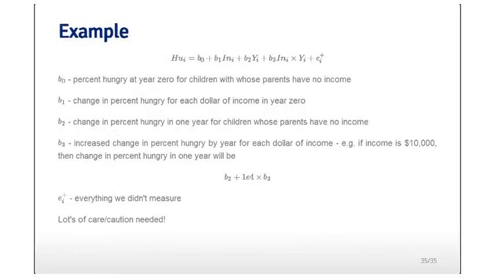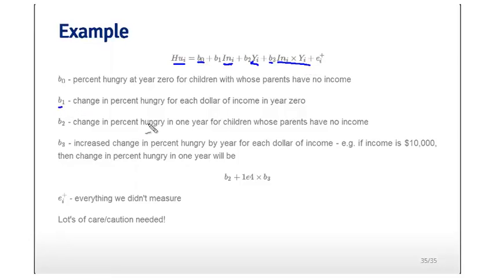So here is our outcome again, which is the percent hungry. Here is our intercept. Here, IN is income. We're putting income in as a variable. So here we have income, year, beta 1 for income, beta 2 for year, and then beta 3 for income times year.